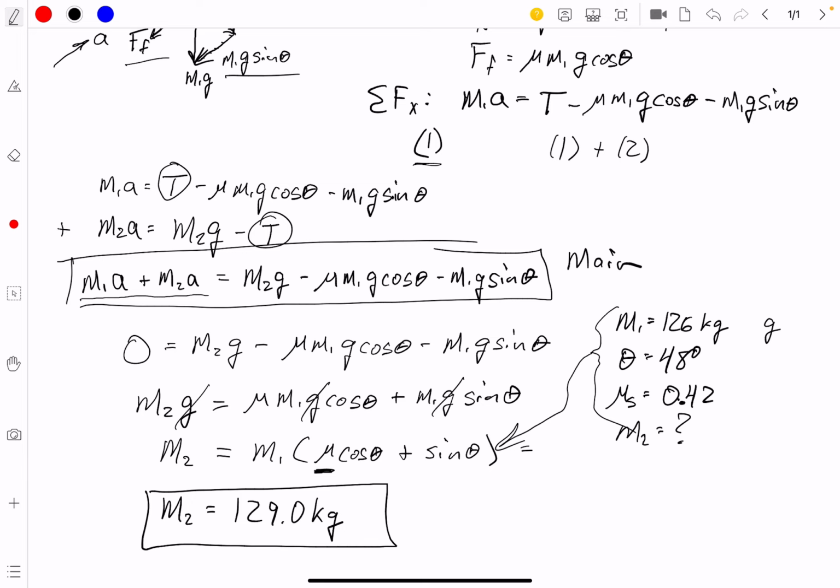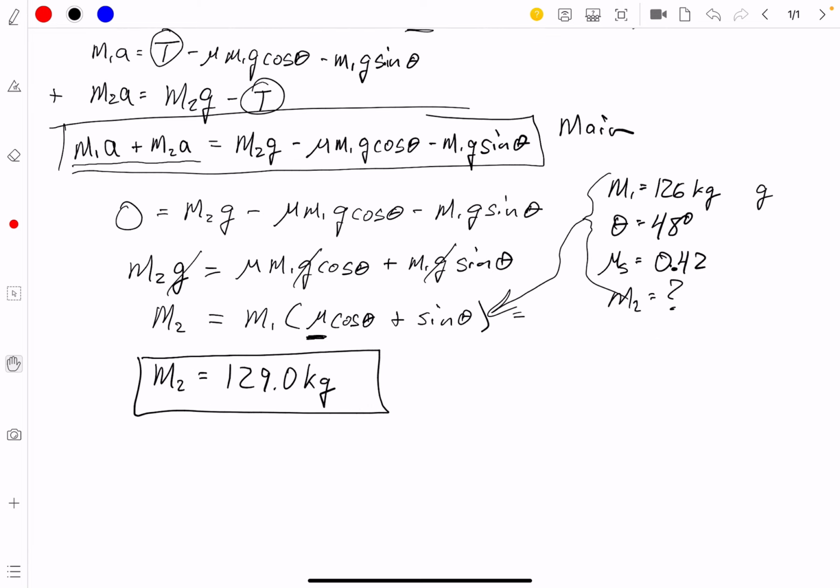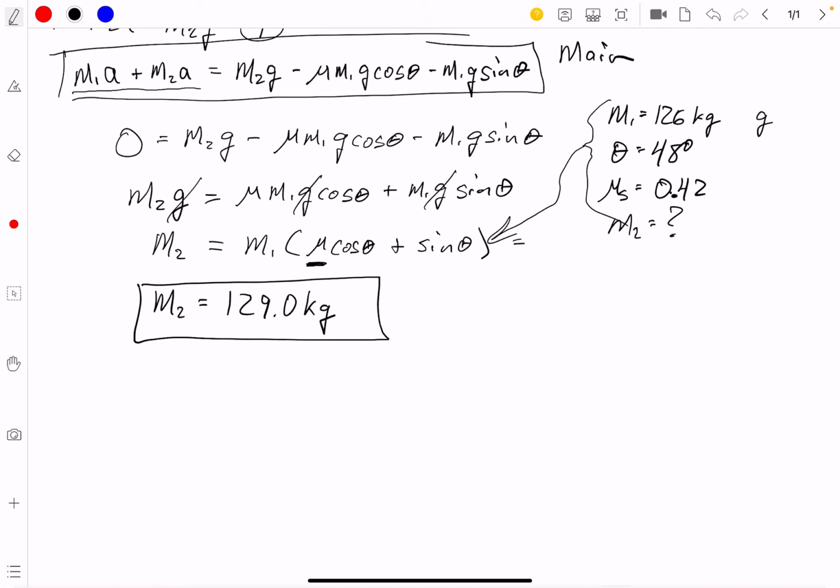Okay, now part B. I'm going to scroll up a little bit. B is kind of similar, but B wants to know the minimum m2 so that m1 doesn't slide this way.